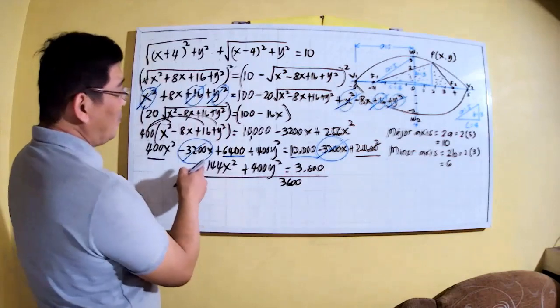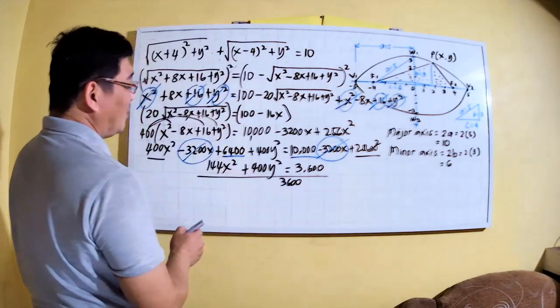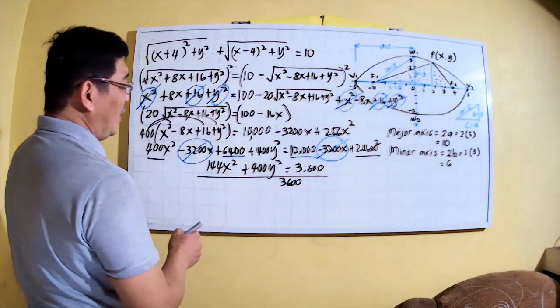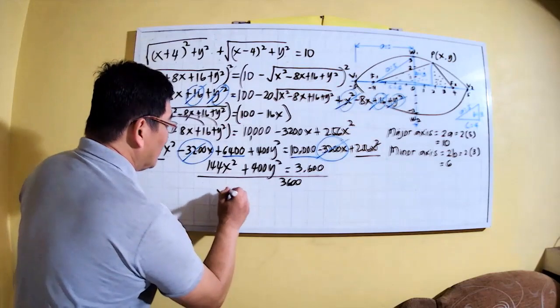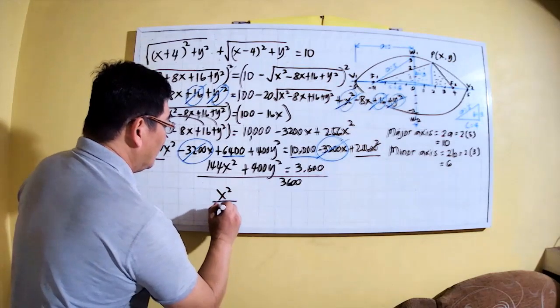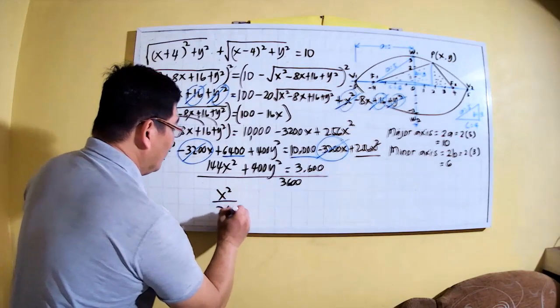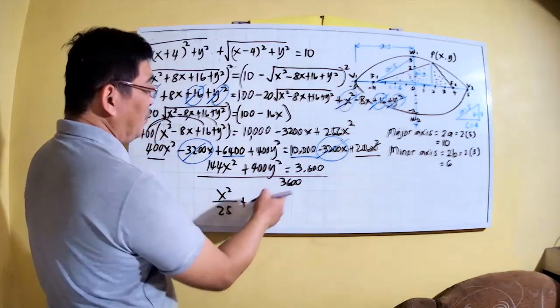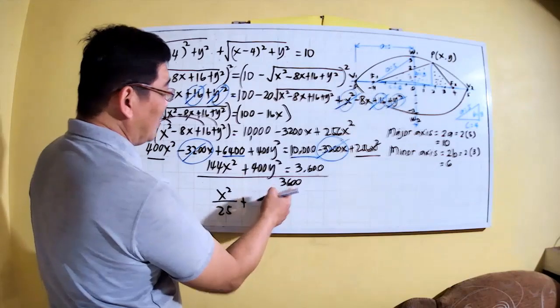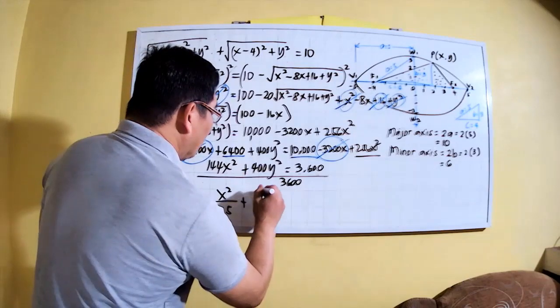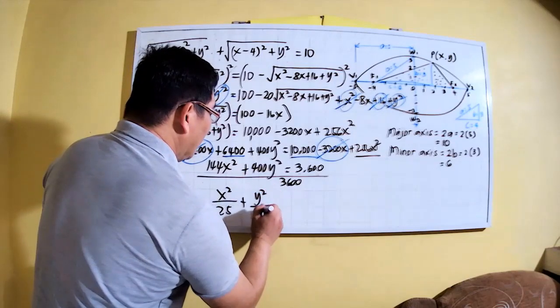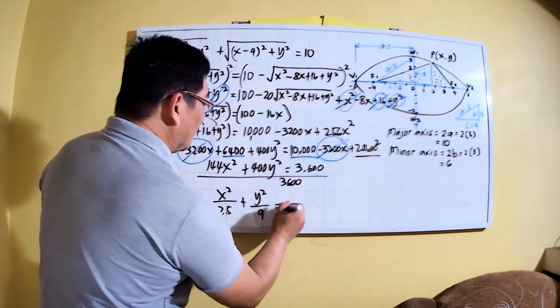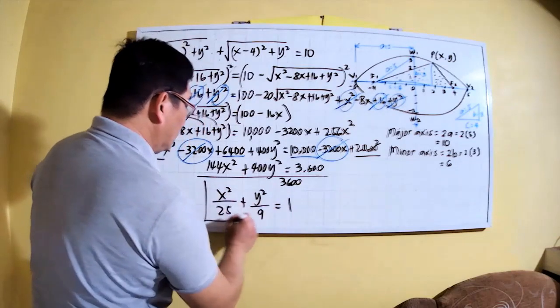So 144 divided by 3,600 will become x squared over 25, plus 400, simplify, over 3,600. This is y squared over 9 is equal to 1.